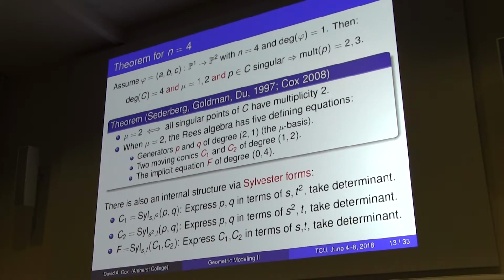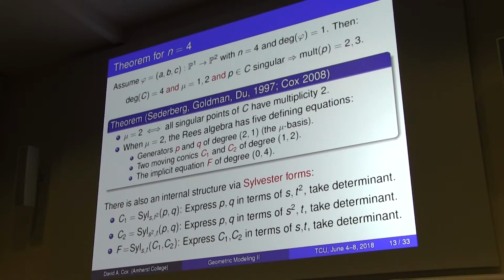And it turns out there's also an internal structure that, for example, if I take P and Q, and I express them in terms of S and T squared, I'm going to get a little 2 by 2 matrix. And when I take the determinant of that 2 by 2 matrix, I get one of the moving conics. And when I express P and Q in terms of S squared and T, play the same game, the 2 by 2 determinant gives me C2.